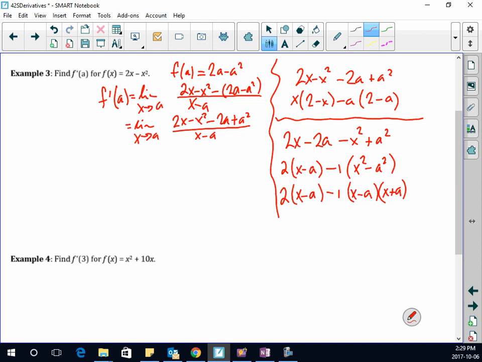This is decomp at its finest, where you get this common term that now you're going to pull out. So does everybody see at this point I'm going to pull this out and I get x minus a bracket. If I take x minus a out of this term, what do I get? 2. Yay. If I take x minus a out of this second term, what am I left with? Minus 1 bracket x plus a.